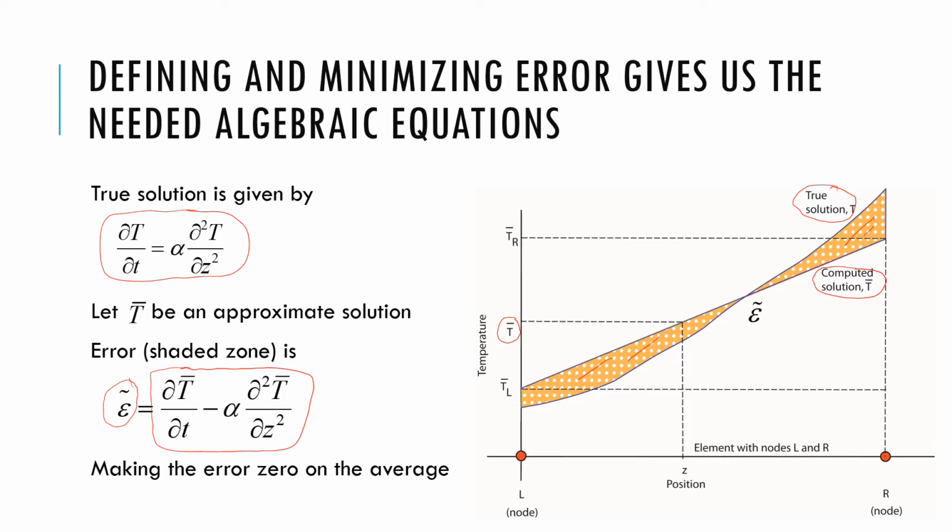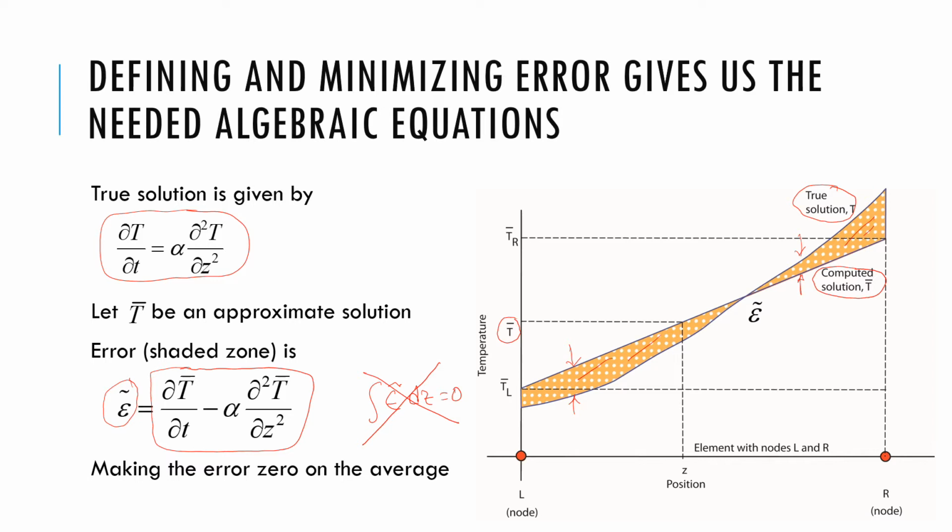Now, if we just do the average, meaning we add up all the errors here and here and set them equal to 0, which would look something like integral epsilon tilde dz equal to 0, this is not a good idea, because then we could have a lot of negative error and positive error together.